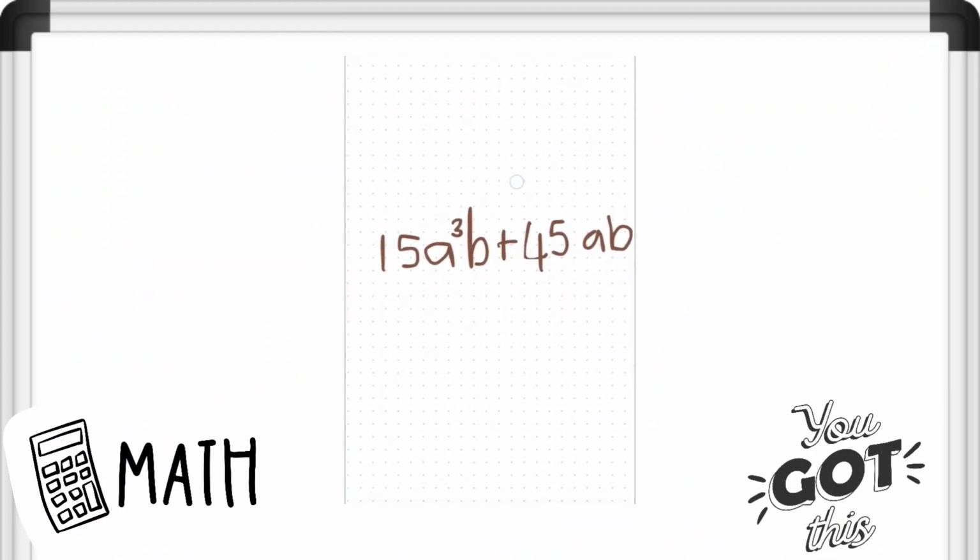Let's look at this one over here. Again, we go look at all the variables we can take out. So with 15, we can see that 15 can divide into 45. So we know we are going to take out a 15. If we go look at the a's, the smallest one is a, so we're going to take out an a.